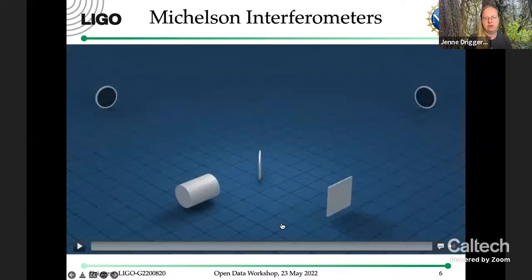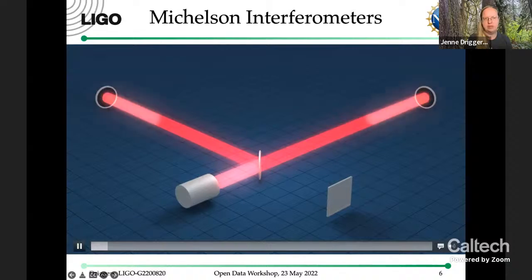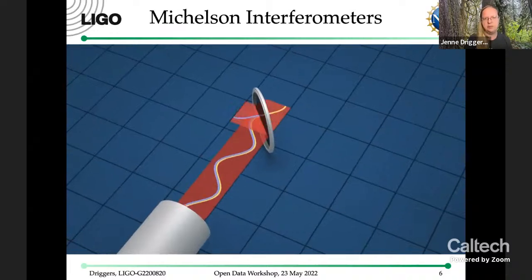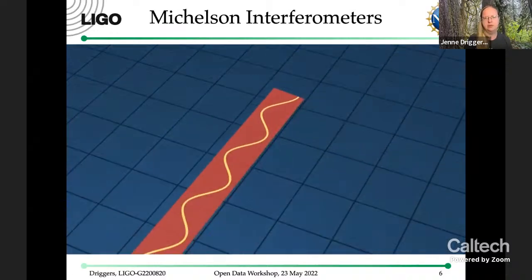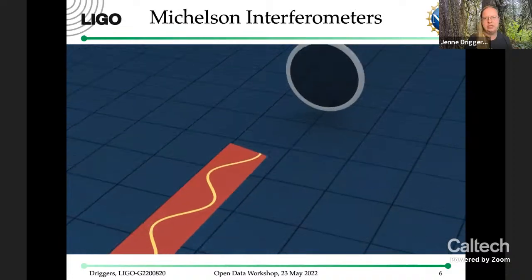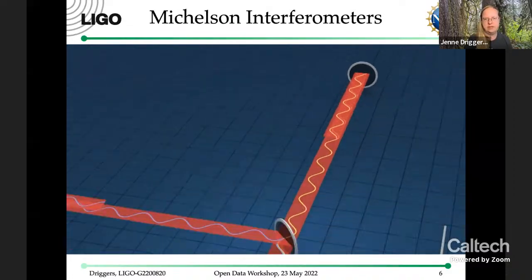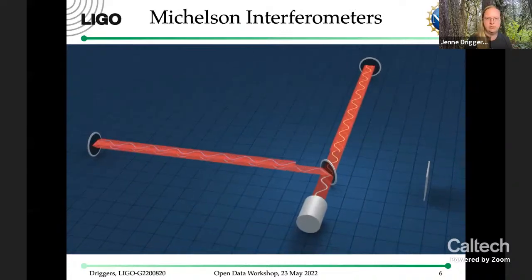So here I've got a video showing that again. Here's a laser, a beam splitter, and the light goes to the end stations, the end mirrors. And then if a gravitational wave passes through this little interferometer, the mirrors move. So here we've got the light, and the light is represented as a sine wave. It reflects off of the end mirror and also the other end mirror.